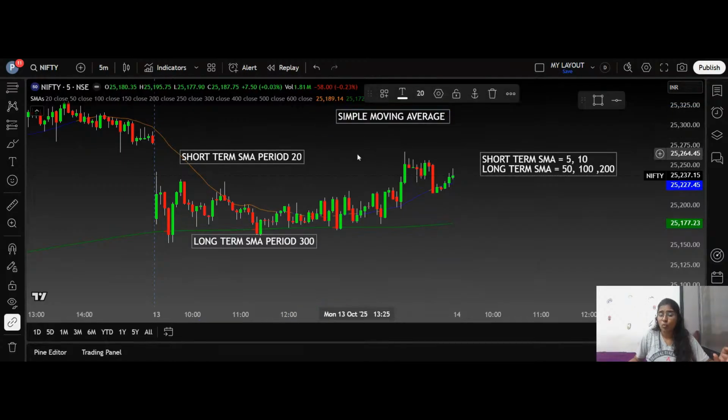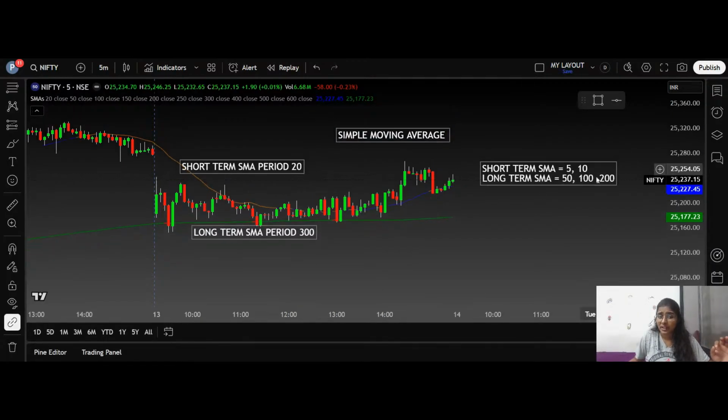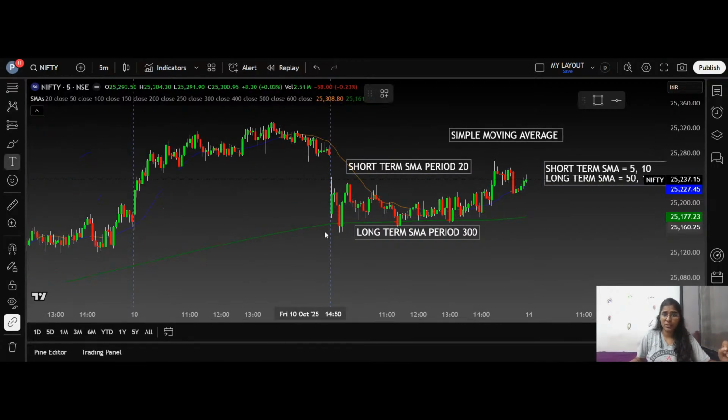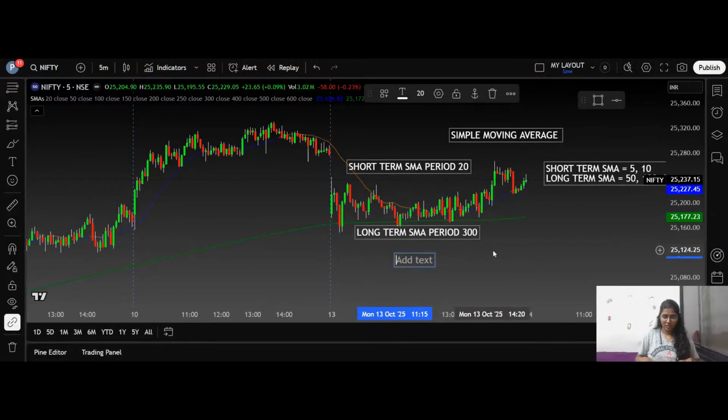So how are we going to predict the market on the basis of two SMAs? Wait, I'm going to write it. If you want, you can take the notes.